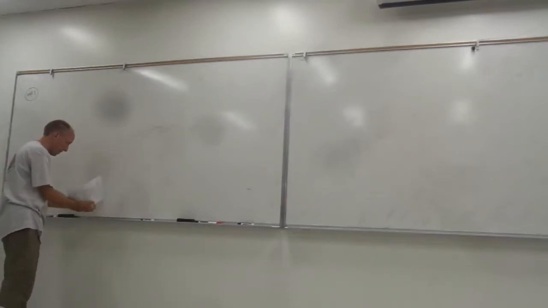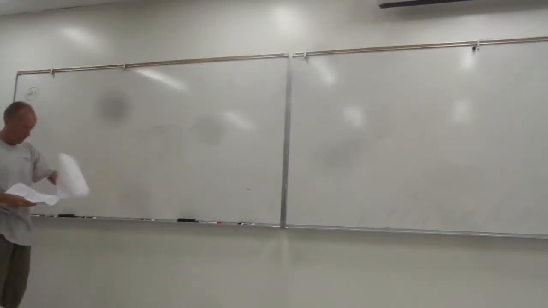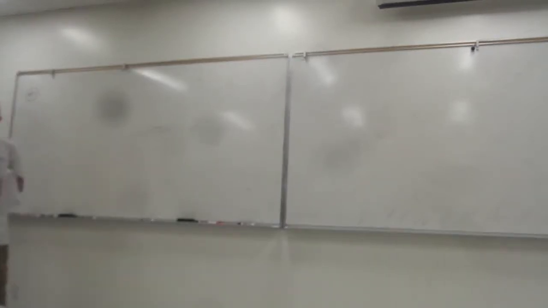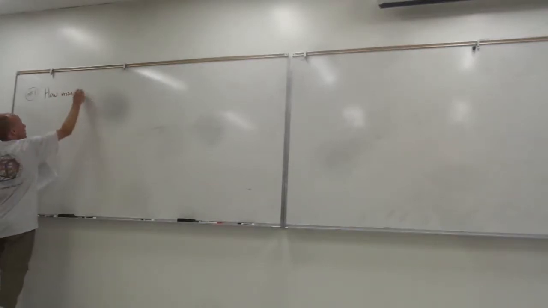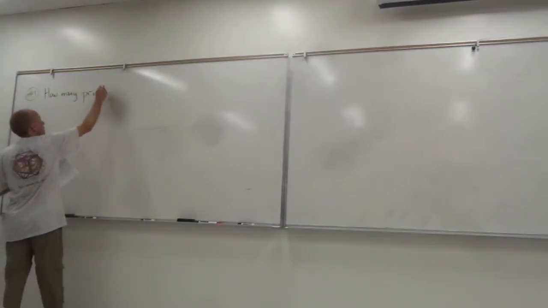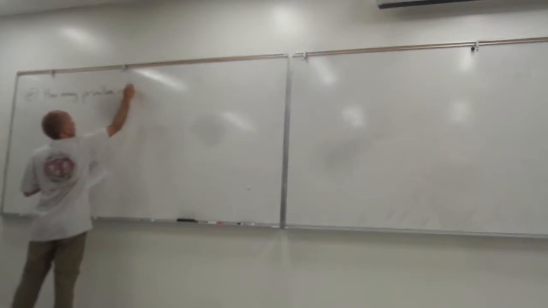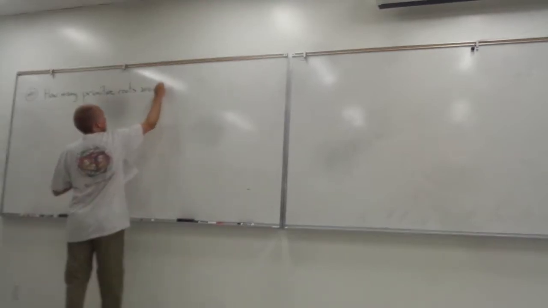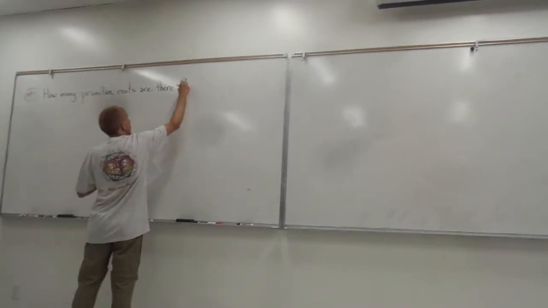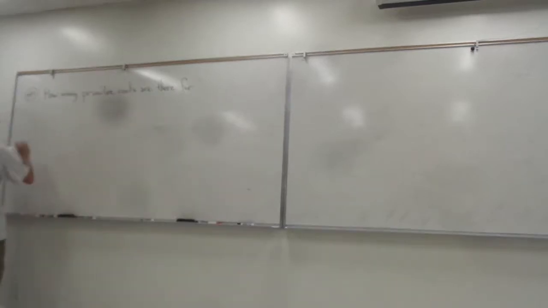I'm going to try to get a better marker. What I want you guys to tell me is how many primitive roots each of the following numbers has. So how many primitive roots are there for, and we're going to do a few of these.